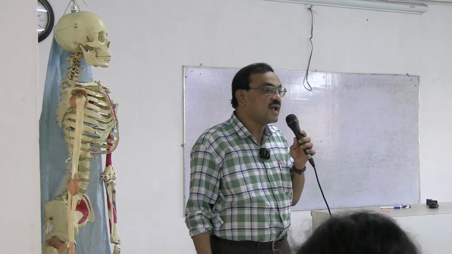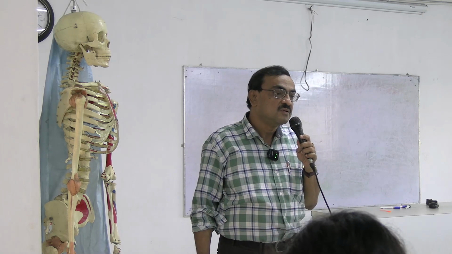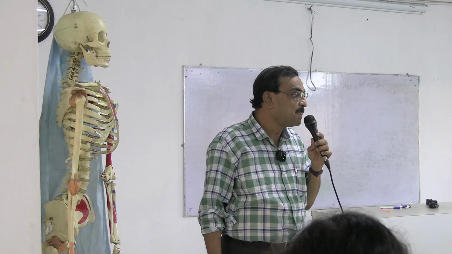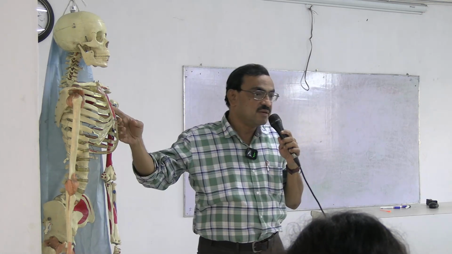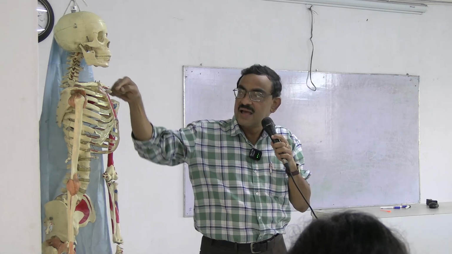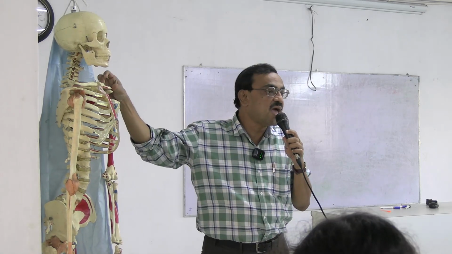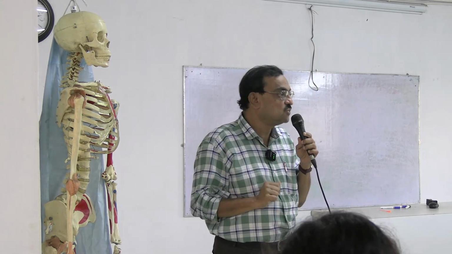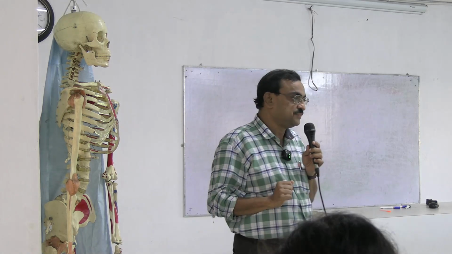That artery is called thoracoacromial. It is supplying the thorax and it is continued towards the acromial process. So, thoracoacromial artery.